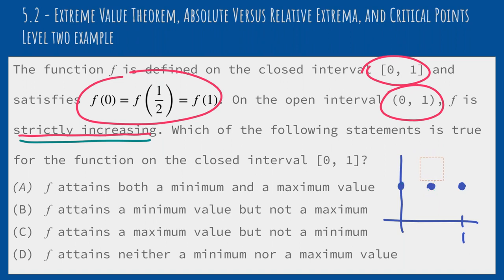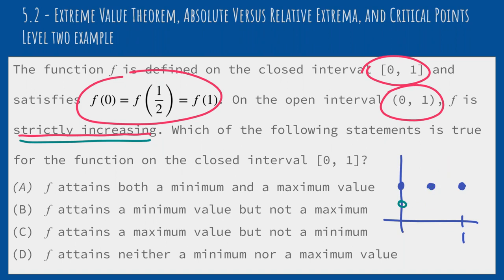So to satisfy that strictly increasing on the open interval, I'm going to have to start at some point lower than the endpoint so that I can increase through that point at 1/2 all the way to 1, but not including 1. So we're going to get something that looks like this.